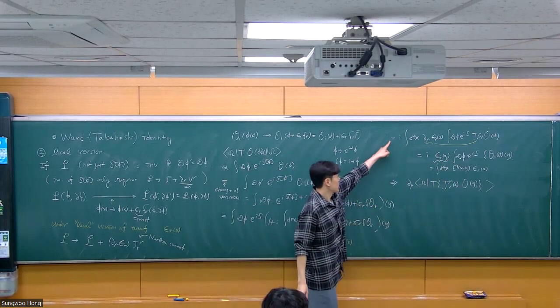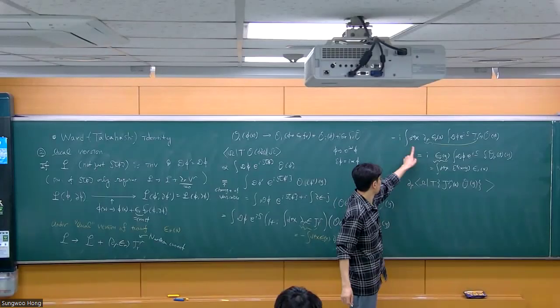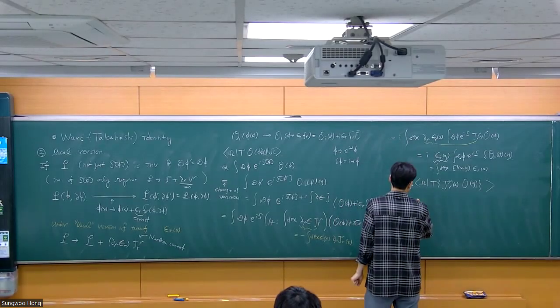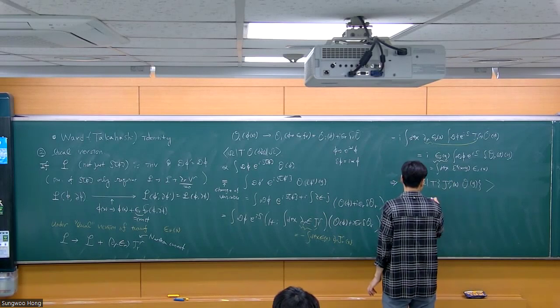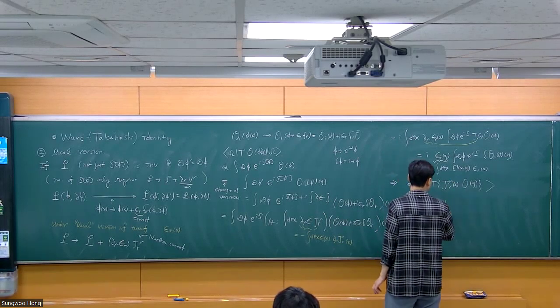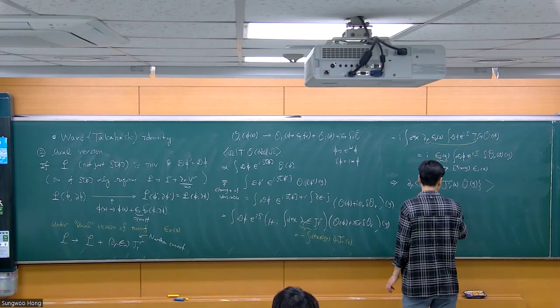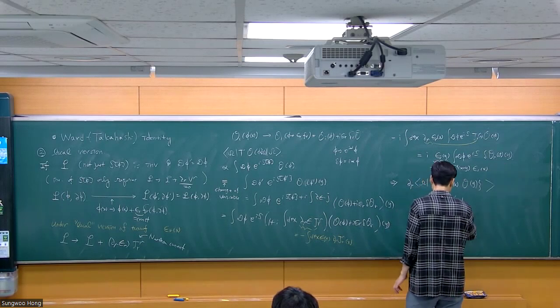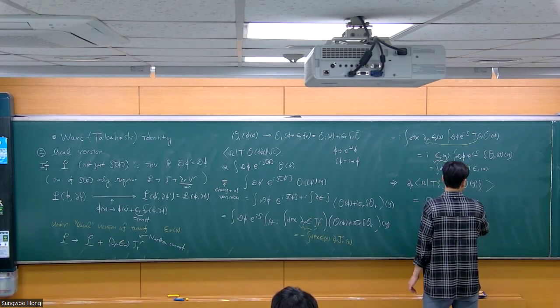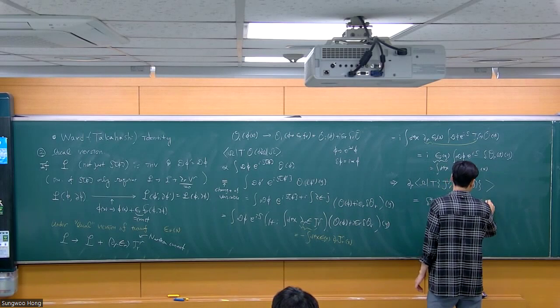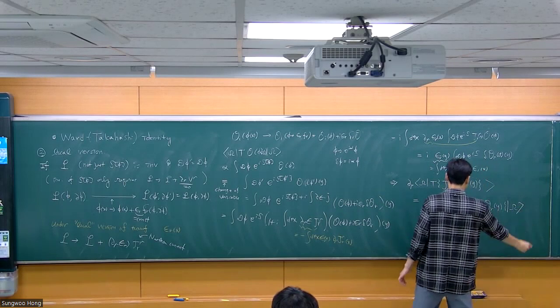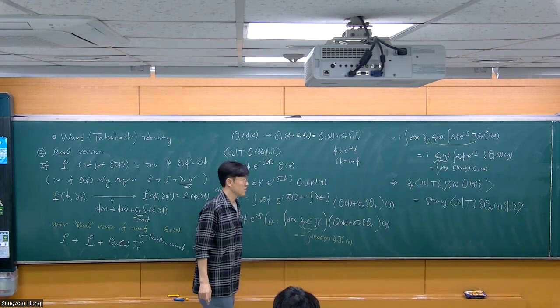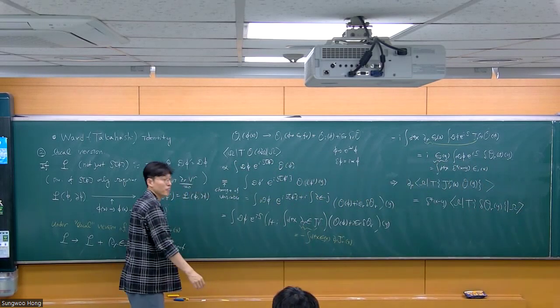The minus goes away because of the integration by parts. The right-hand side, on the other hand, is delta four of x minus y, times the vacuum expectation value of the time-ordered correlation function of the variation of that operator under the symmetry transformation. Okay, so this is the result.